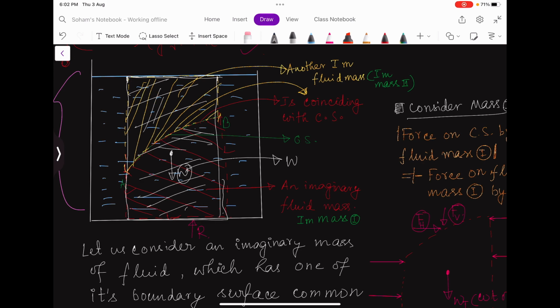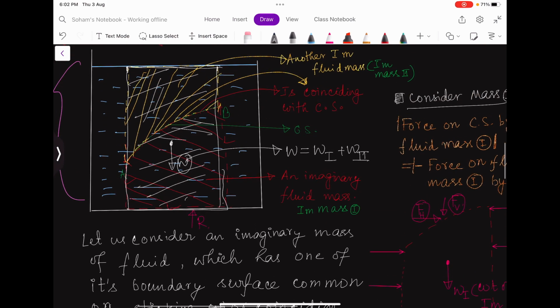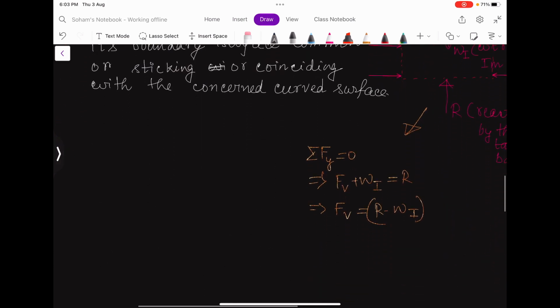So this weight is nothing but W1 plus W2, the weight of fluid mass 1 plus the weight of fluid mass 2. By applying the same static equilibrium equation, this R must be equal to this W. That means R must be equal to W1 plus W2. I hope I am clear.